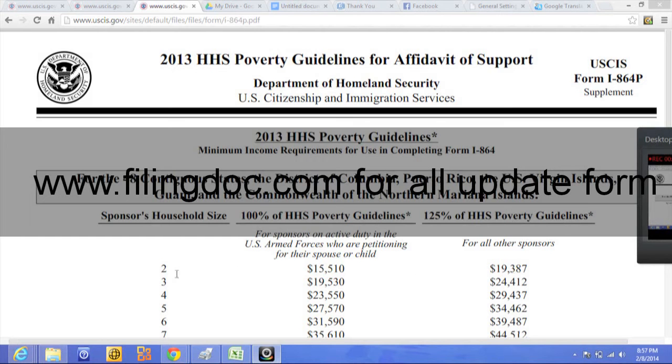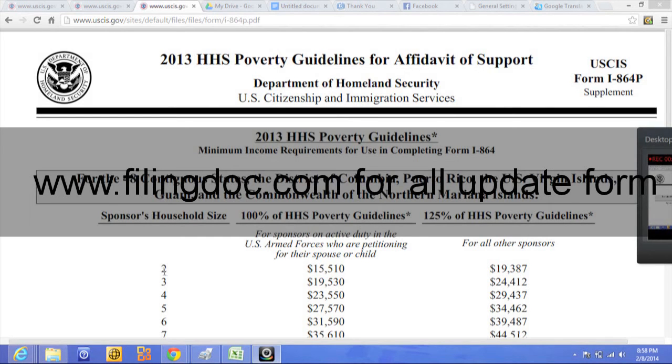So what we see on the left is household size. Okay, and we start with 2. Why can't it be 1? Why can't the household size be 1? Even though you don't have any dependent, you're living by yourself, and let's say you're sponsoring one family member, it's going to be 2, because it's you also.